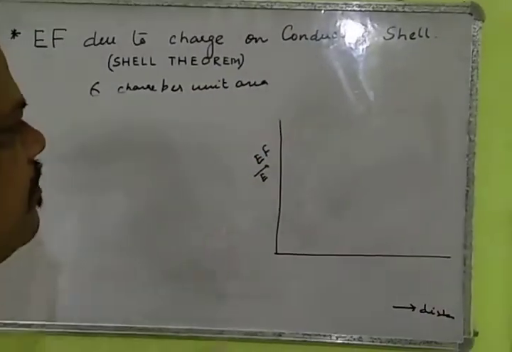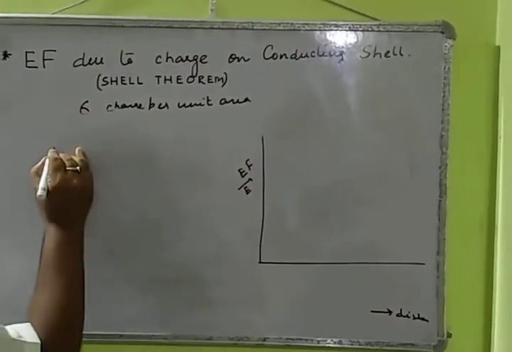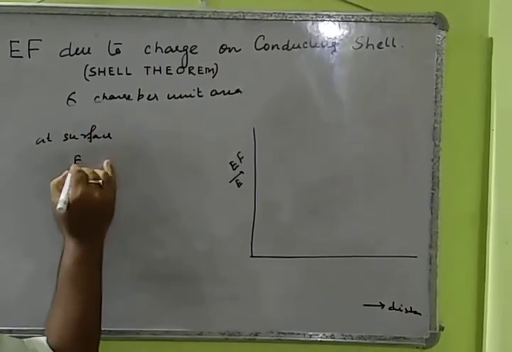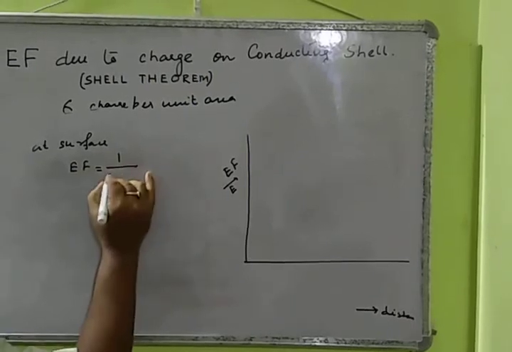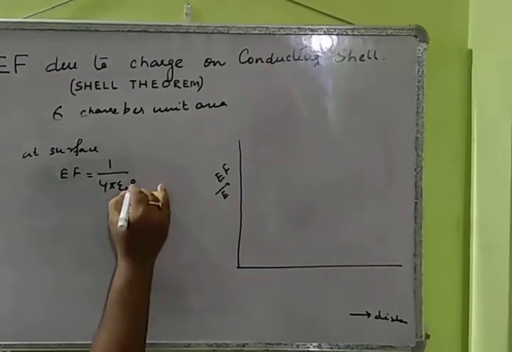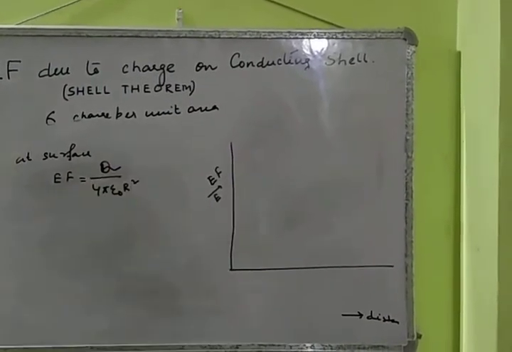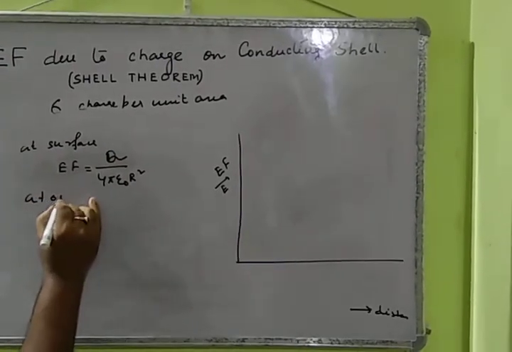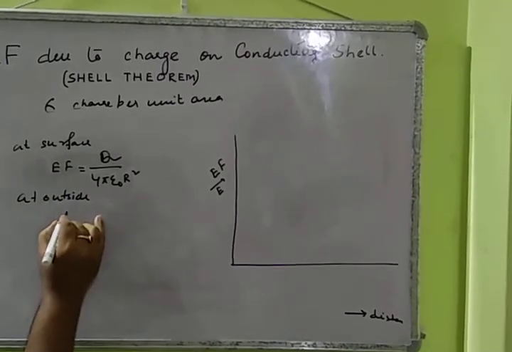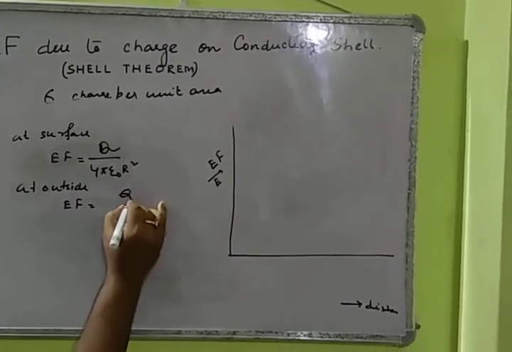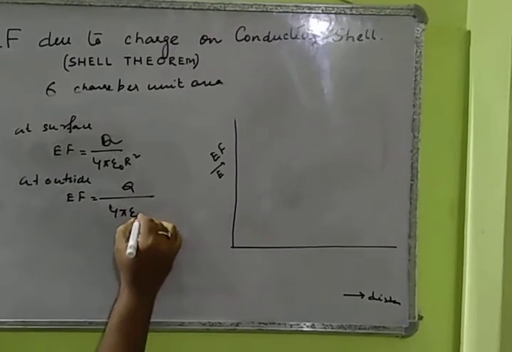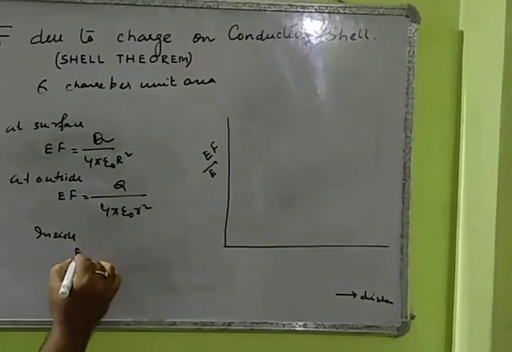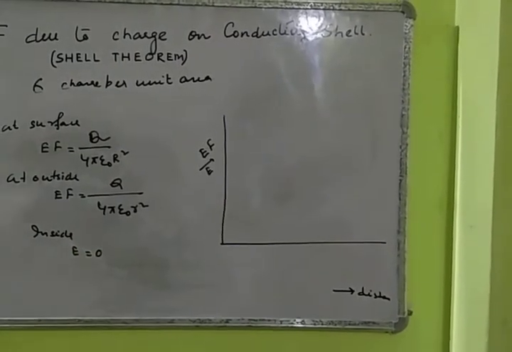So for the metallic shell, at the surface the electric field was 1 by 4 pi epsilon naught, Q by capital R square. And outside the electric field was Q by 4 pi epsilon naught r square, and inside the electric field is 0.